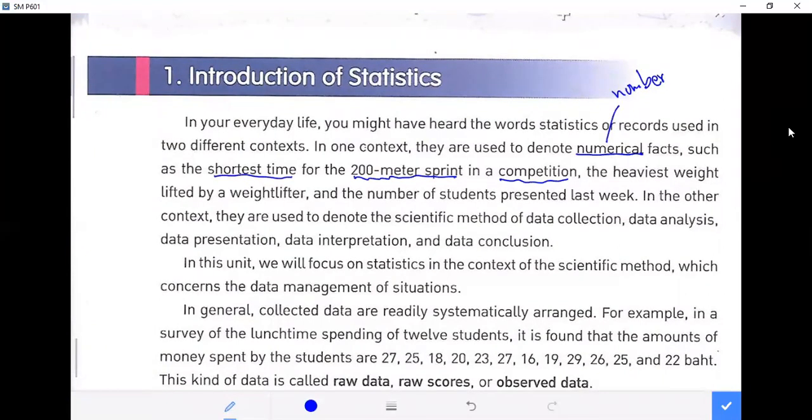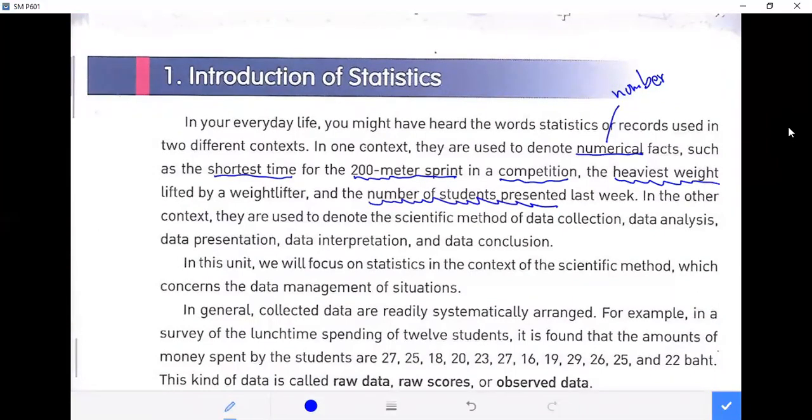Something like the heaviest weight lifted, where somebody lifts weight, maybe in the Olympics. Or the number of students present last week, the number of students who came to school last week, where someone was absent but someone came to school.